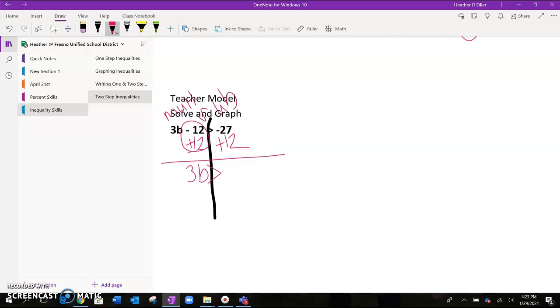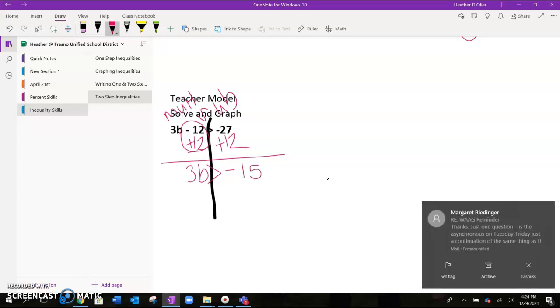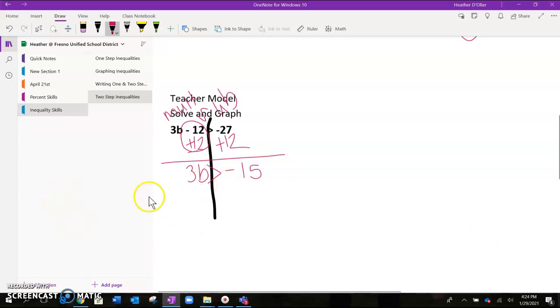And it's kind of like subtraction of the absolute values. So I don't have enough moves to push me all the way over, so I'm going to stay in the negative. And 27 subtract 12 is 15. So negative 15. Okay. All right. So now I have 3b is greater than negative 15.